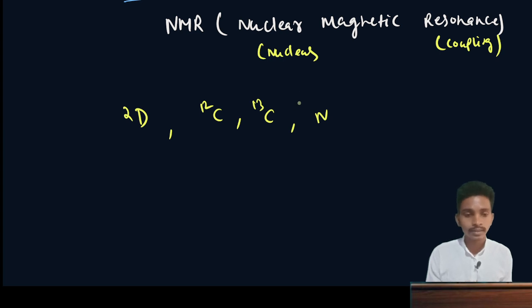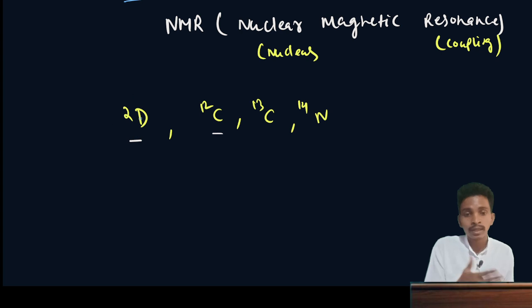In which cases can we use NMR and where can't we use NMR? This NMR is based on the nucleus, so looking at the nucleus, we say whether we will study it in NMR or not.